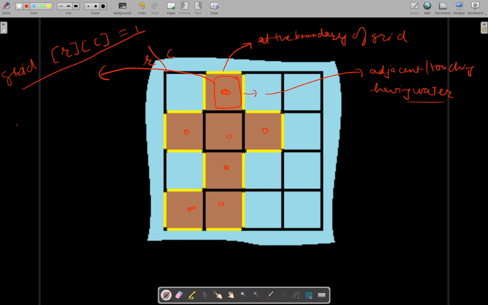You will have another variable, perimeter, initially set to 0. Whenever you encounter one of these two situations, you will increase your perimeter, and at last you will return your perimeter. That's pretty simple. And how will you do the check that you are at the boundary or the adjacent cell has water?